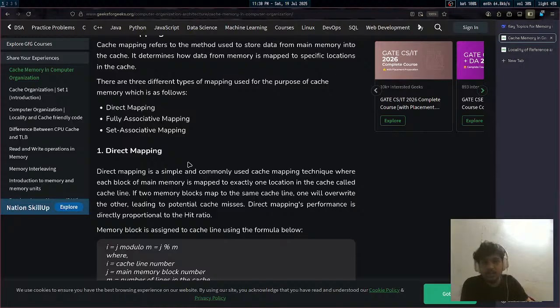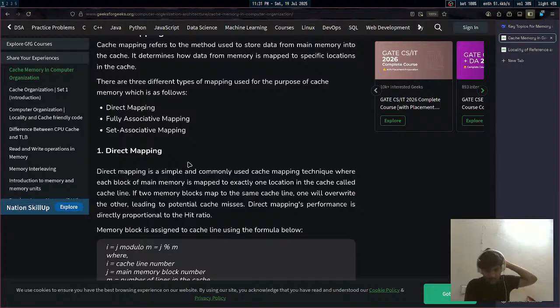It determines how data from main memory is mapped to specific locations on the cache.